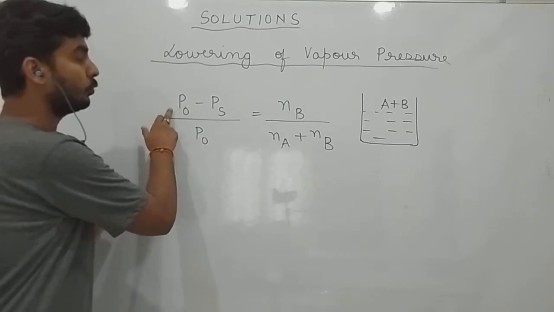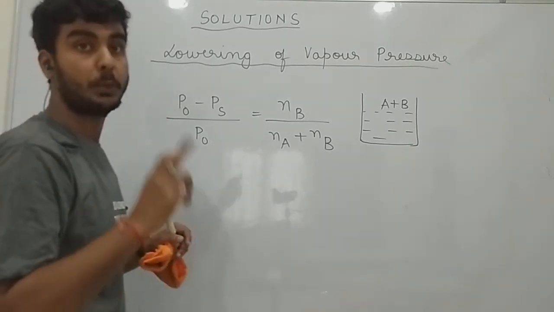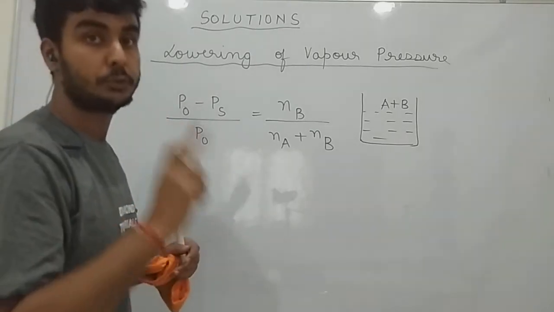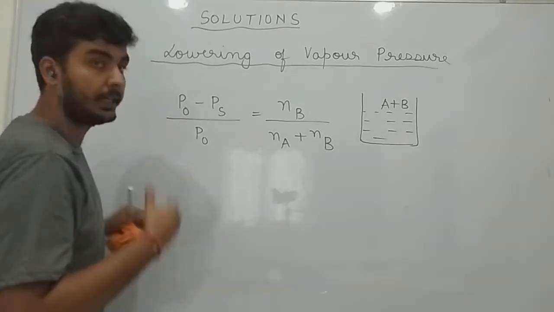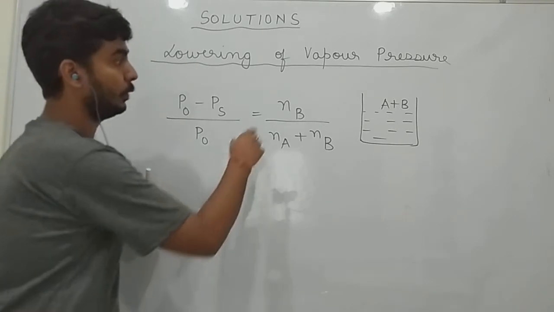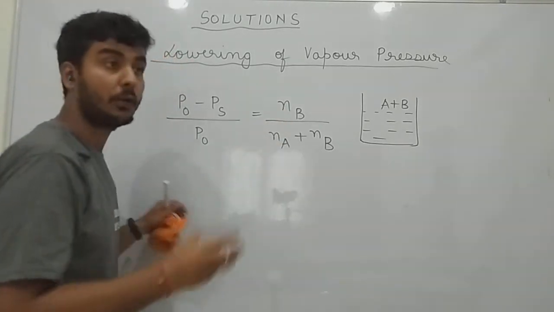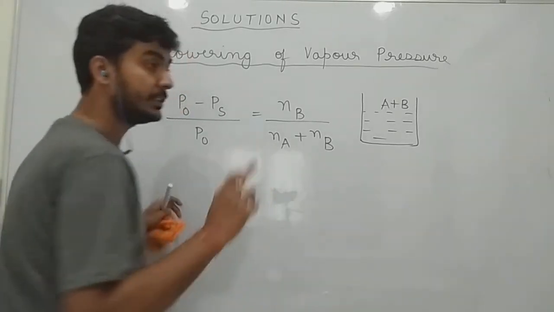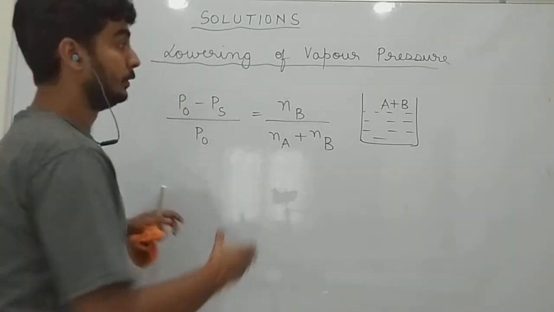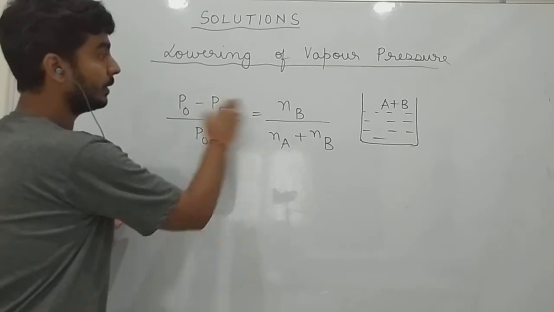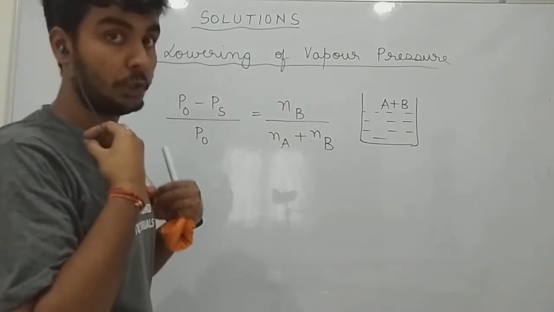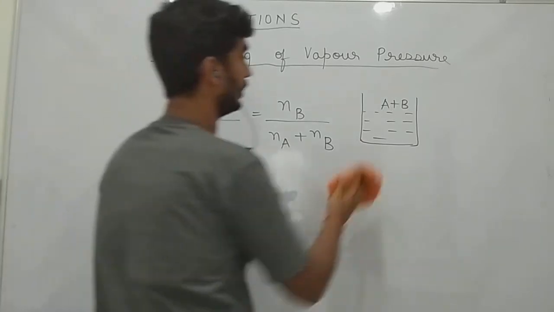P naught is the vapor pressure of pure solvent. Ps is the vapor pressure of solution. Nb represents number of moles of solute added in solution. Na represents number of moles of solvent. So relative lowering in vapor pressure is equal to mole fraction of solute present in the solution.